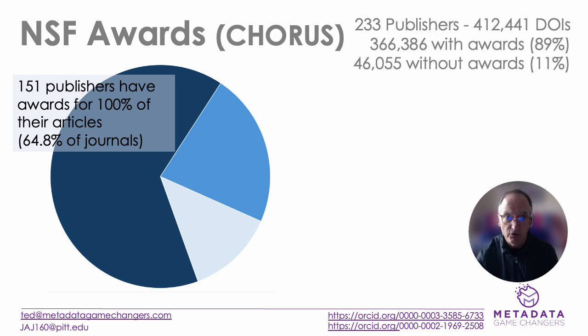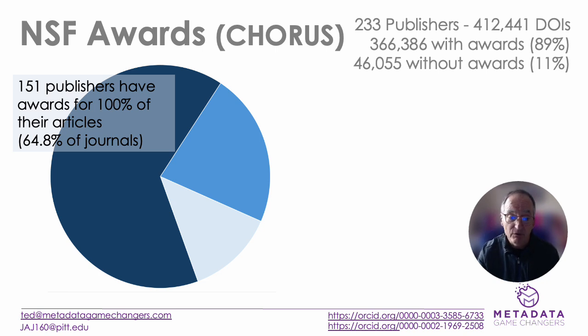I mentioned earlier that publishers and institutional repositories both have important roles in the research infrastructure. One of the important roles of publishers is to get funder metadata from researchers, another important player here, obviously, and to interpret that information from what the researchers give them and get it into Crossref in a structured form.